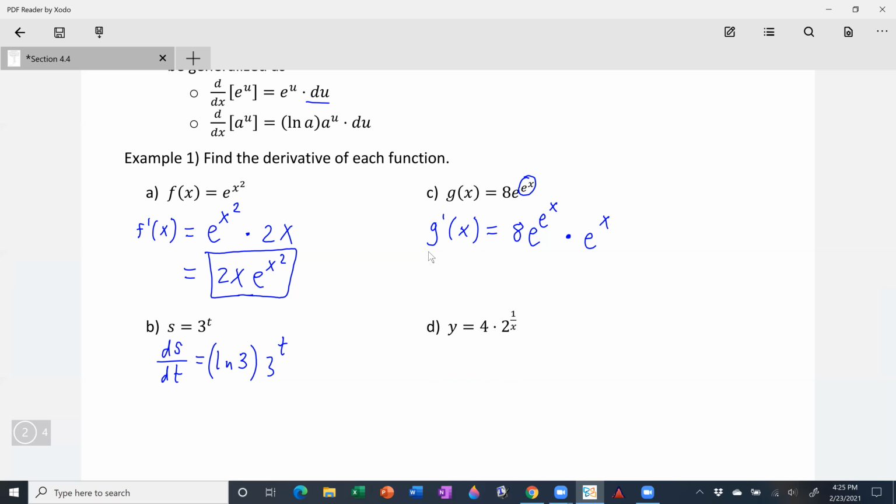Okay, and then there's not really a whole lot of different ways that we can clean that up, unless you wanted to get a little bit fancy with power rules, where the 8 would stay there. E is the base both times, and remember that if you've got a base times a base, the powers add.